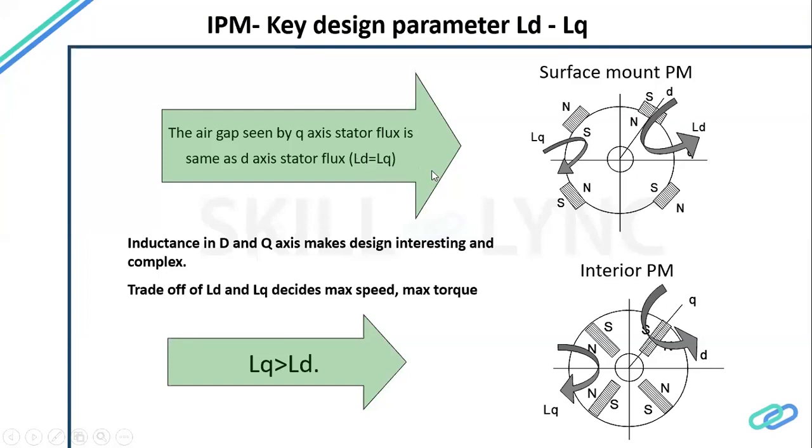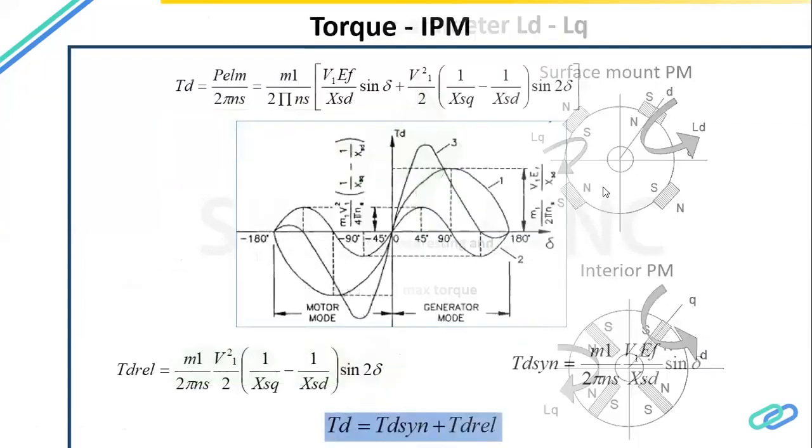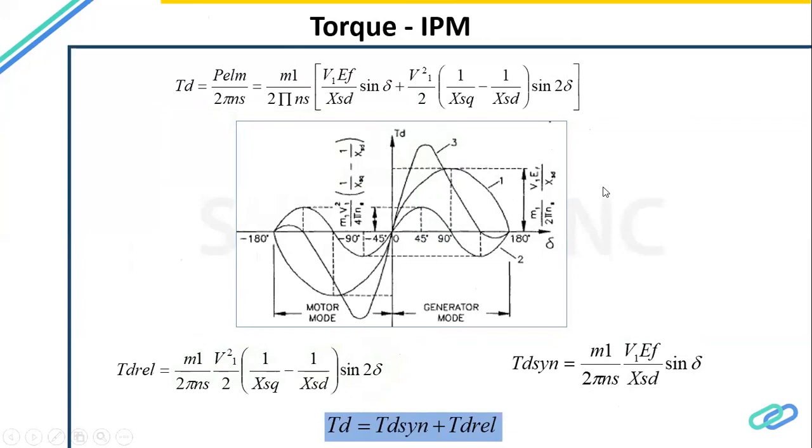But the real advantage of having this saliency, or non-equality of LD and LQ, is that it gives an additional, surplus torque. There are two parts: the reluctance torque and the synchronous torque.